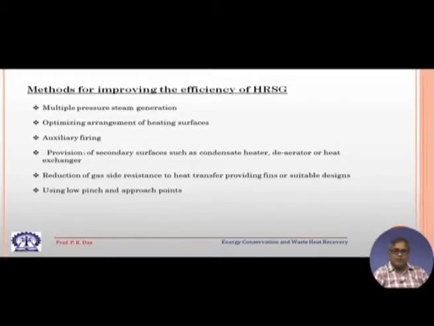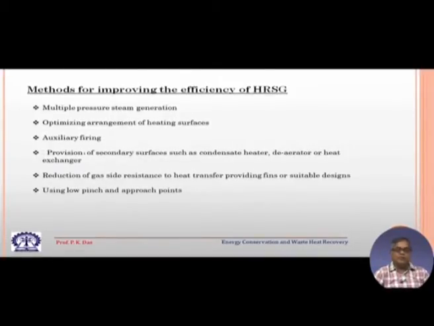In multi pressure steam generation, there could be dual pressure, which is again very common, and there could be triple pressure. More than 3 different pressure levels, people have not tried in the design of HRSG, and we are going to see how the dual pressure arrangement works.